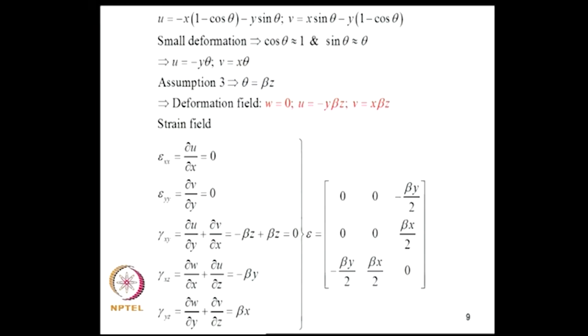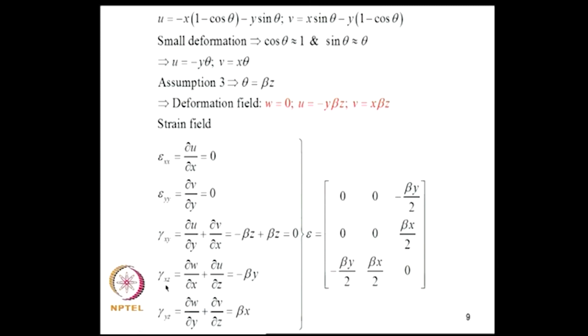Now, first let us establish from the given displacement field the strain field. Epsilon xx is dou u by dou x. This is independent of x, therefore that is 0. Epsilon yy is dou v by dou y, this is independent of y, that is 0. Gamma xy is dou u by dou y plus dou v by dou x. So, that is minus beta z plus beta z, which is again 0.